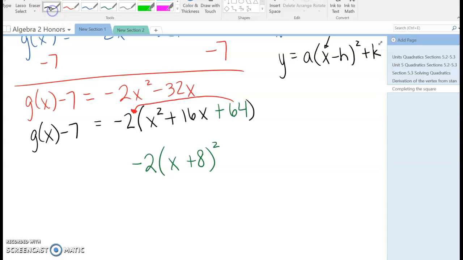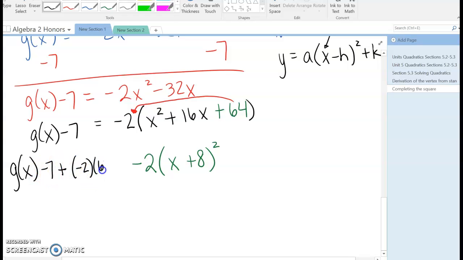So on the left-hand side, we're going to add negative 2 times 64. So this was me adding this value here. I did that on both sides, so I should be good. And then the negative 2 times (x plus 8) squared is just me rewriting x squared plus 16x plus 64 times the negative 2.